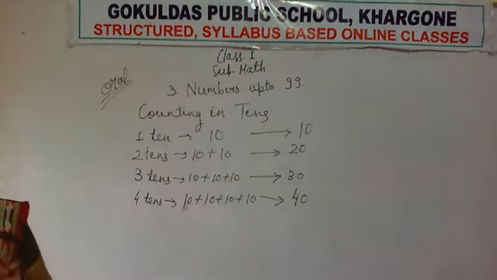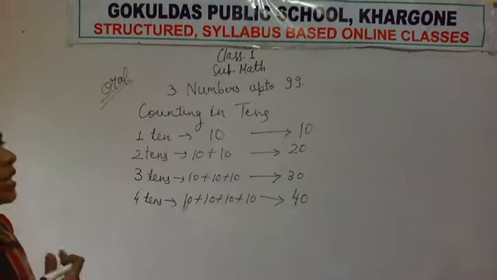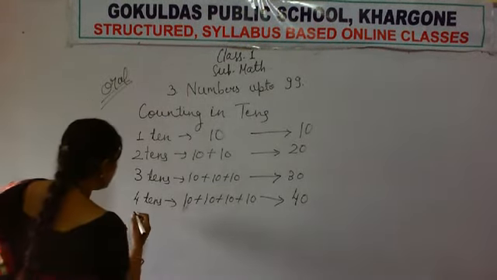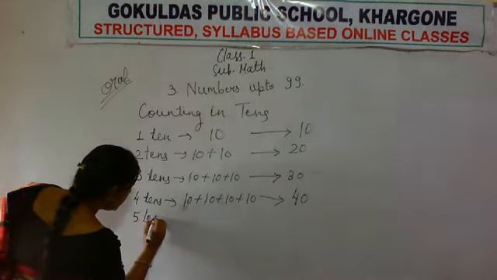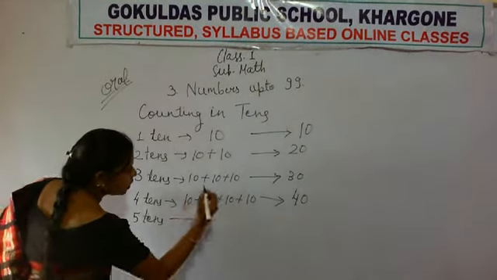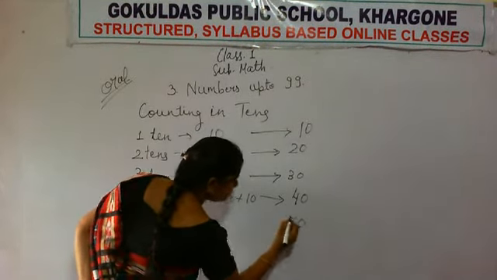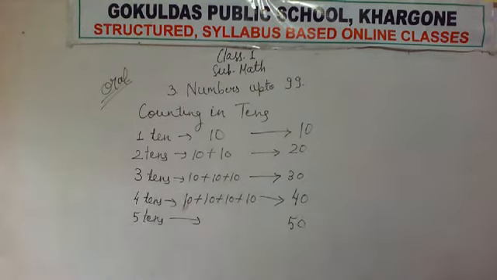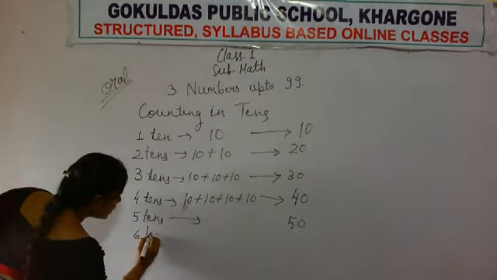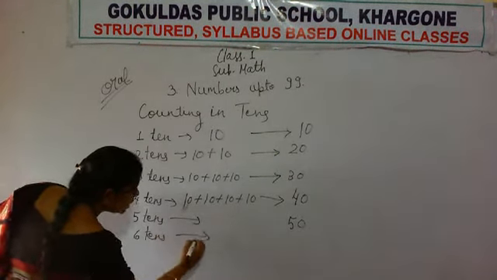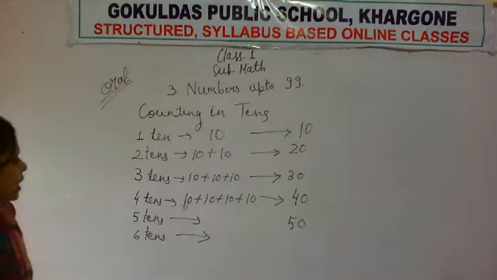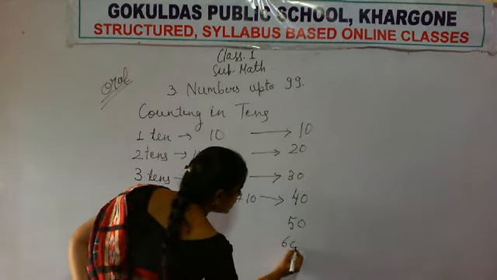We will call 4 tens as 40. Similarly, we can write 5 tens as 50. Okay. 6 tens, how do we write 6 tens? We write 6 tens as 60.